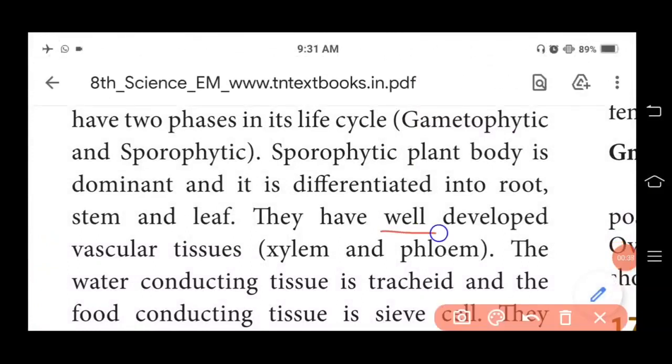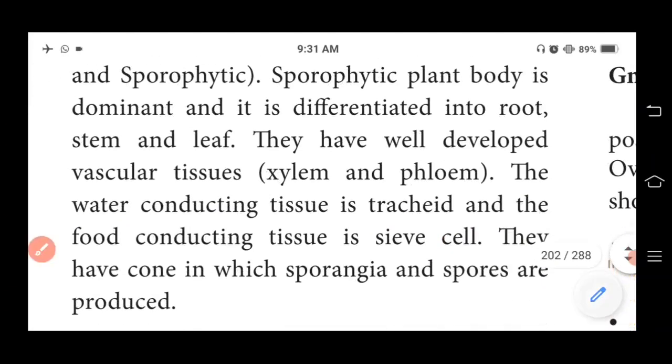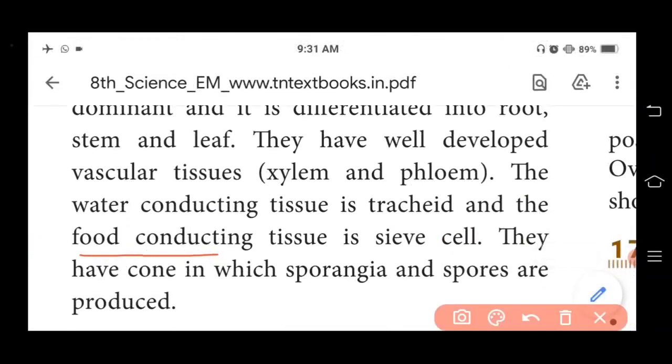They have well developed vascular tissues, xylem and phloem. The water conducting tissue is trachea, and the food conducting tissue is sieve cell. They also have cones in which sporangia and spores are produced.